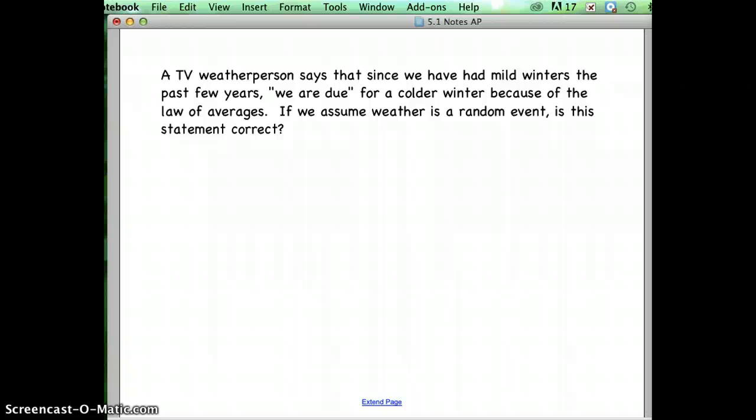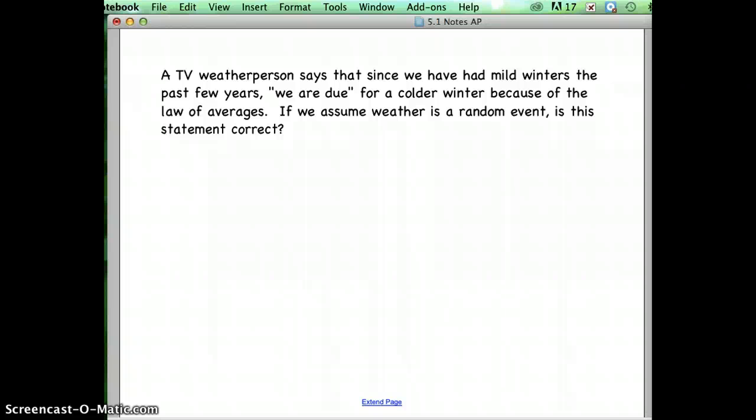But they're using it incorrectly, because for the law of large numbers you'd have to look at a long period of time, several years, and this person is only talking about the past few years. So number one, they're applying that law of large numbers to a small number of years.